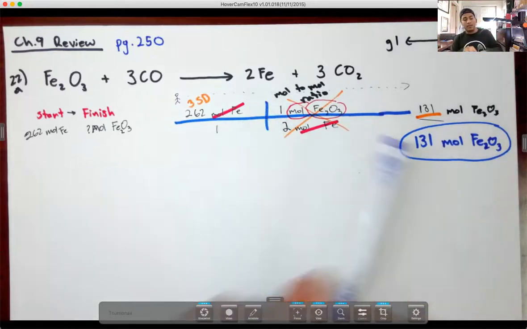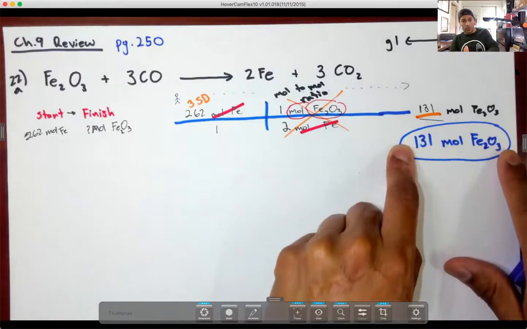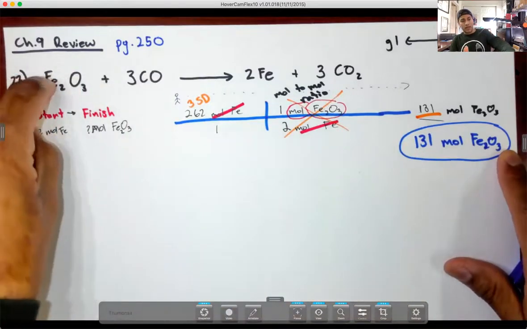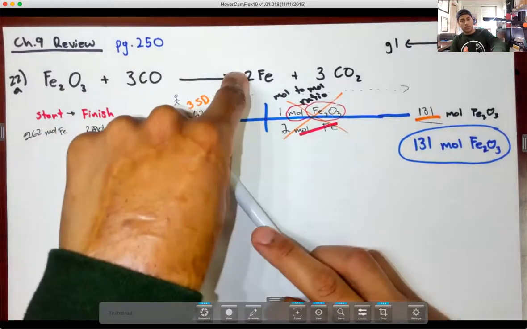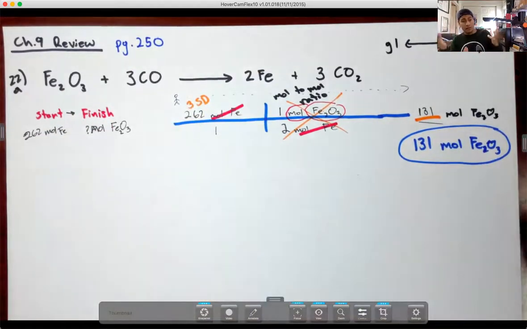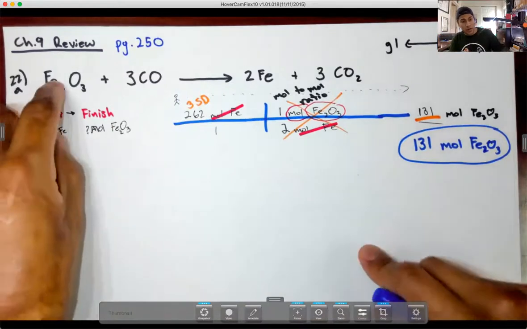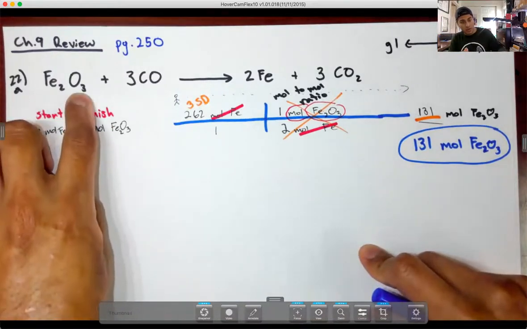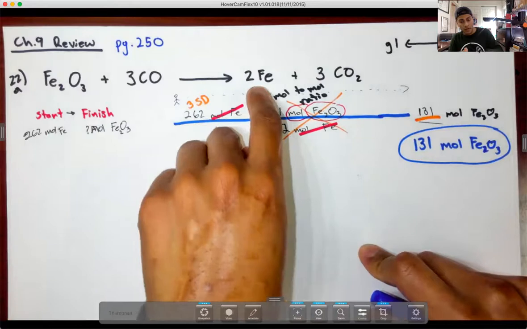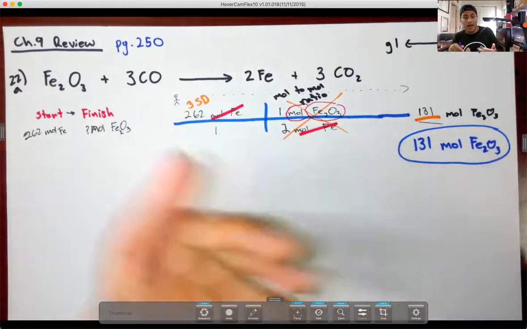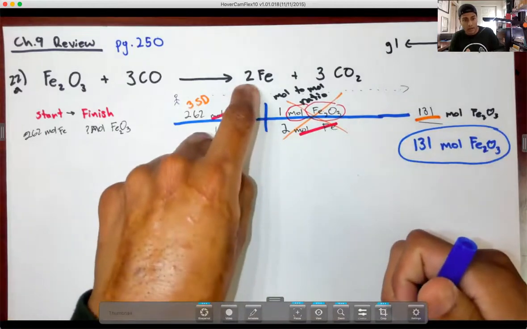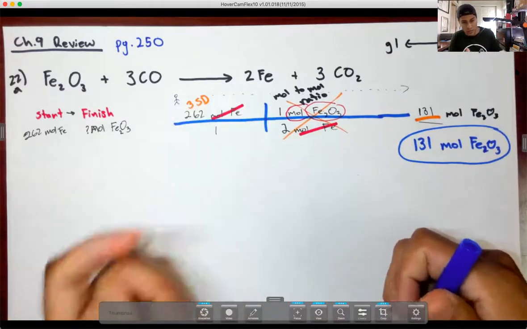So this is the amount of moles that need to be present in this reaction at the beginning to produce 262 moles of Fe. And if you think about it, it makes sense because for every mole of Fe2O3, you're producing 2 moles of Fe. So if you start with 131 moles of Fe2O3, you're going to have to finish with double that amount, right? Which is 262 moles of Fe.